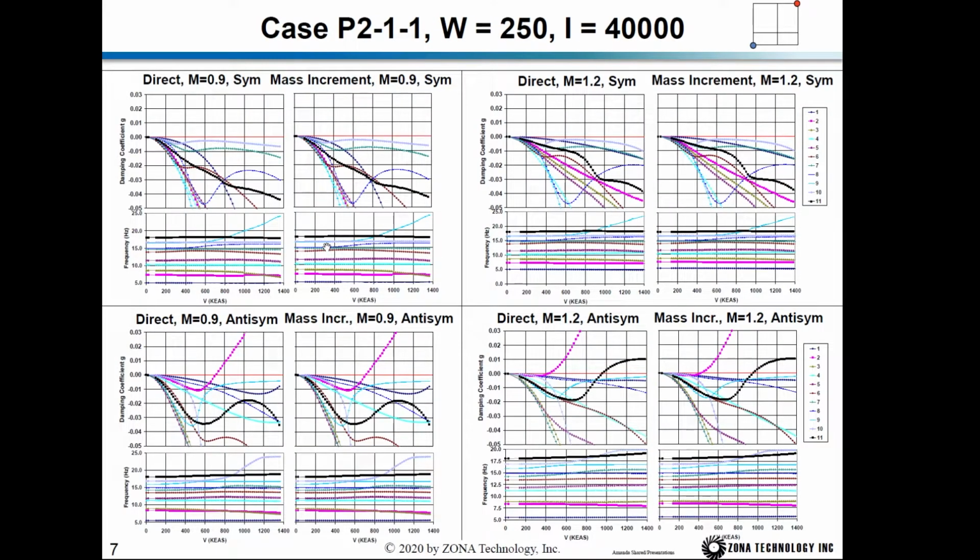If we look at the V-g and V-f diagrams, this is from the direct method and this is from the mass increment method, at Mach 0.9 and 1.2, for the symmetric modes, and this is anti-symmetric. You can compare the V-g and V-f diagrams between the direct method and the mass increment method. They are practically the same.